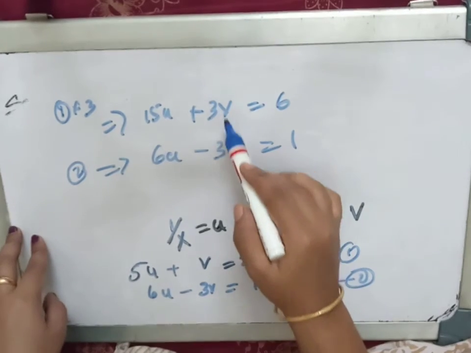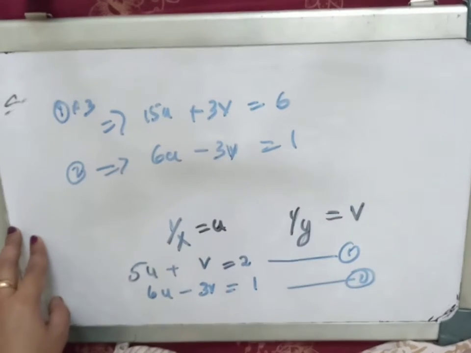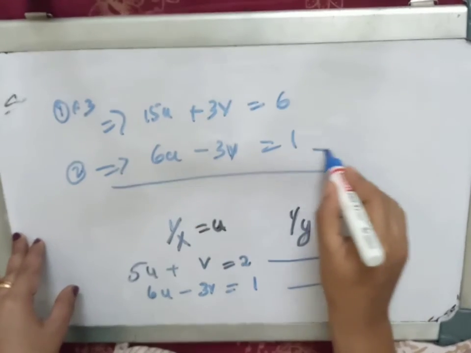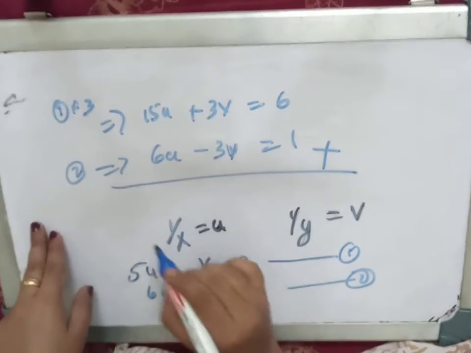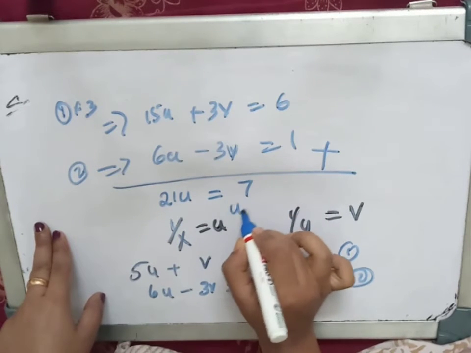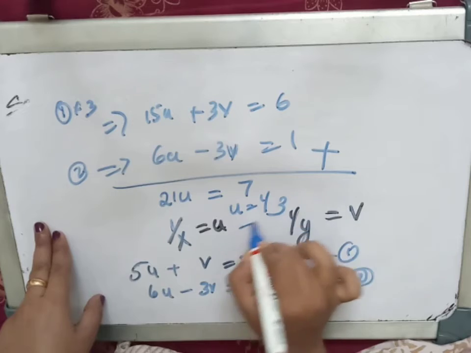Now you can observe that the coefficient of v is plus and minus 3 in both equations. So we'll simply add the two equations to eliminate v. So we have 21u is equal to 7. Therefore u is equal to 1 by 3.